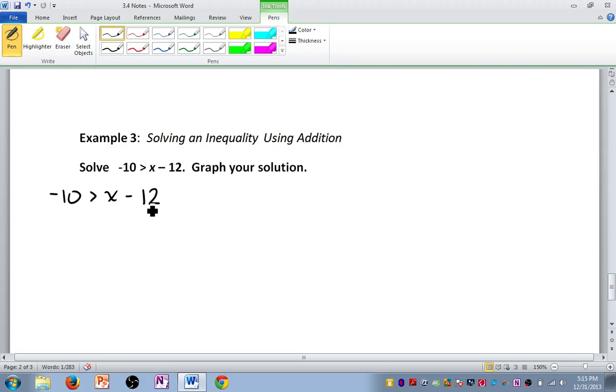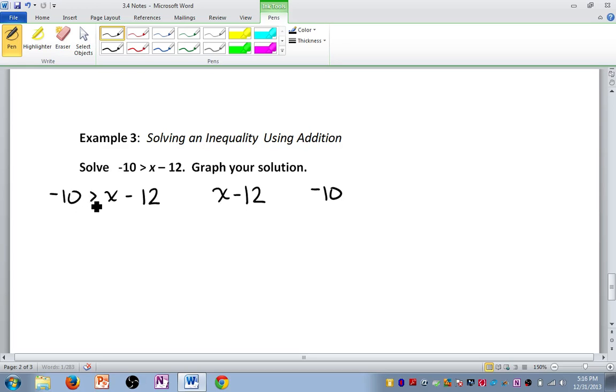If I wanted to take this and write that first, I can do that. And then I want to take my negative 10 and put it over here. But I have to pay attention to my symbol and what direction it's facing. The greater than sign is facing the 10.